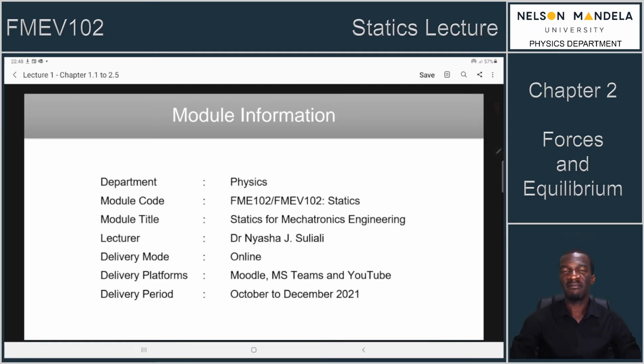It being FMEV 102 statics simply means that this is the same module as far as the content and the marks are concerned with your electricity and magnetism. The marks that you will get at the end, which are made of the content in electricity and magnetism, and what we will learn, will be combined and you will get your result for both efforts.